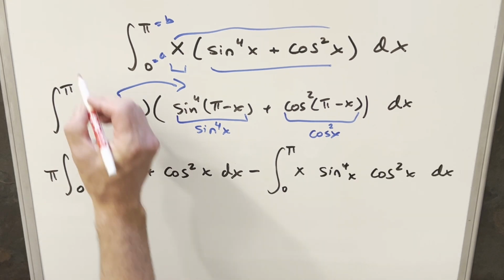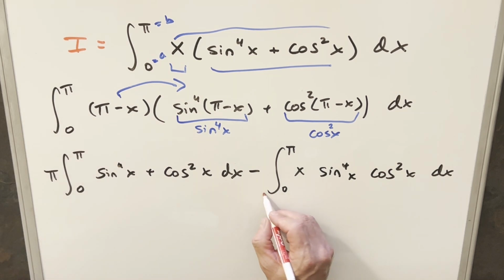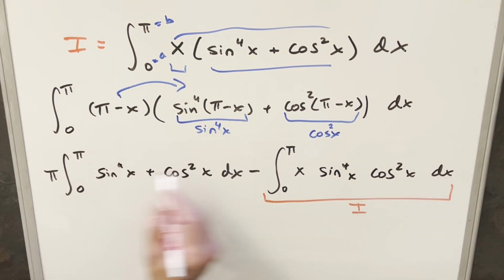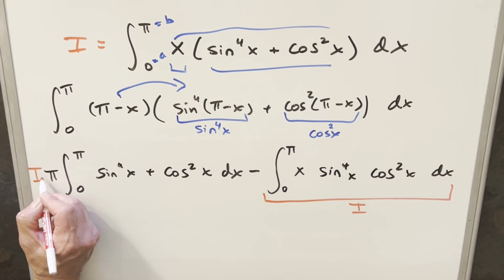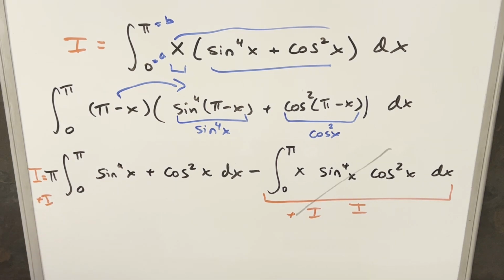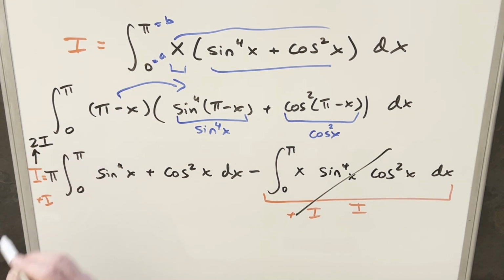And now we can make the observation, if this original integral, we'll call that I, this here is identical. This piece is going to be I as well. So let's set this whole thing here equal to I. And then if I add an I on both sides, on the left side this is just going to become 2 copies, or 2I.